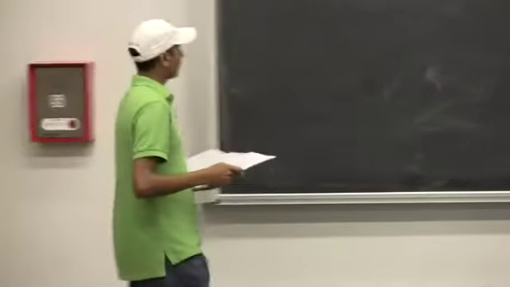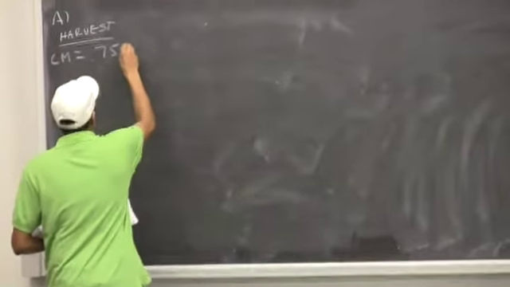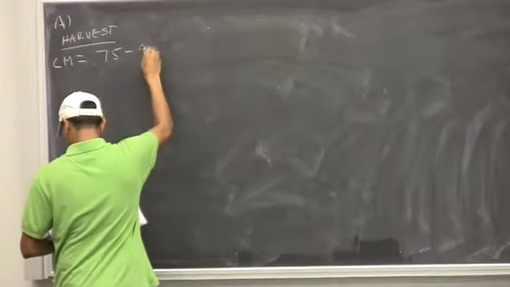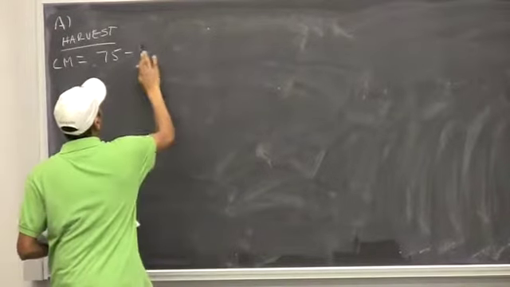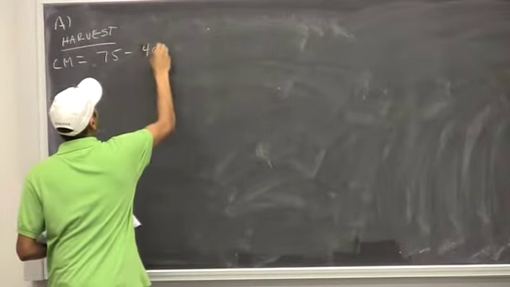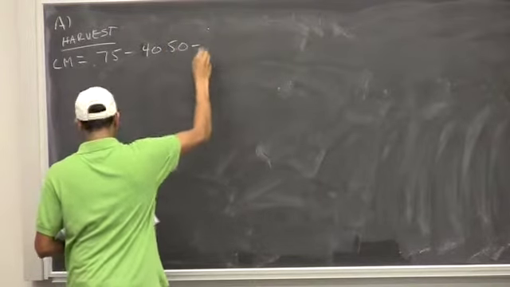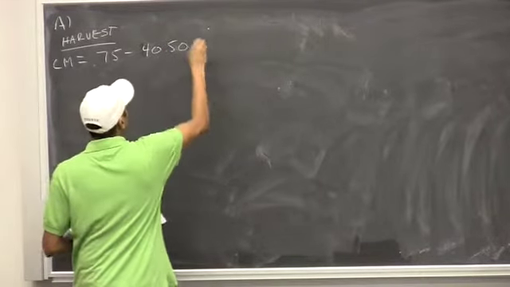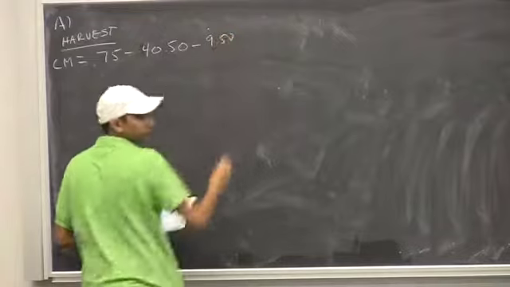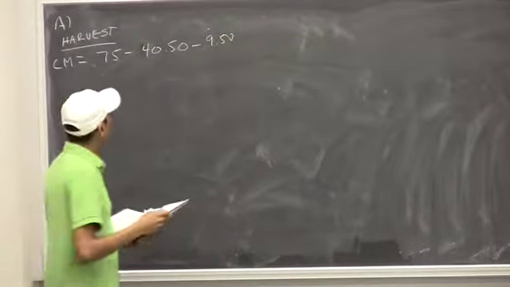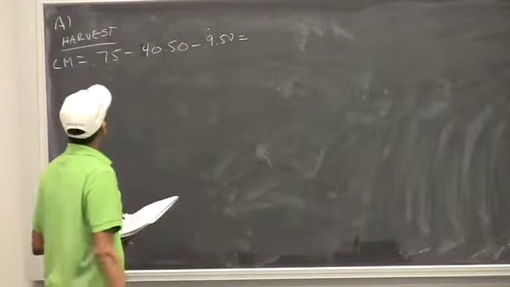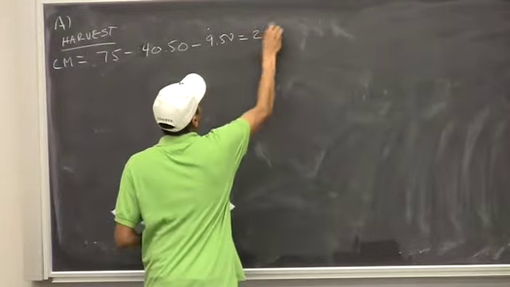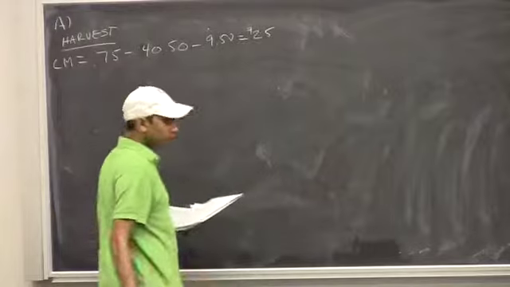So there's your variable cost. 75 minus 40.50 minus 9.50, right? So how much is that? 49.50, that's 25. So that's 25 bucks a log, right?